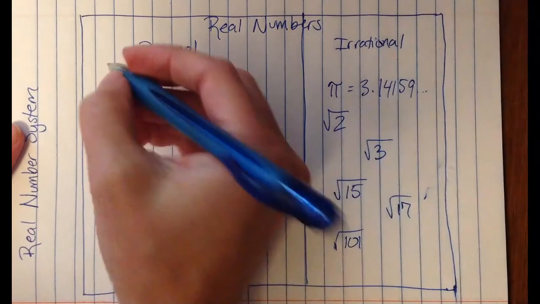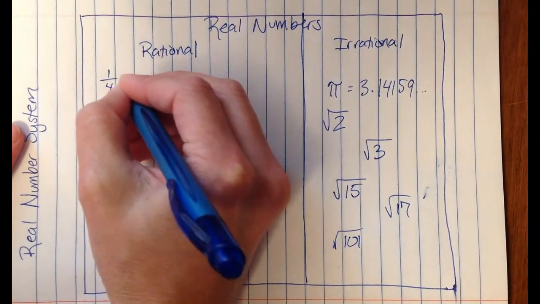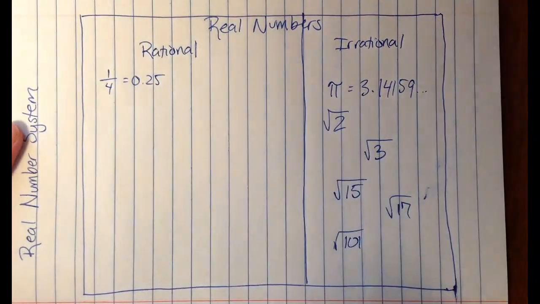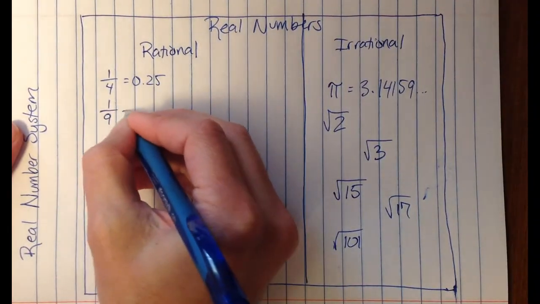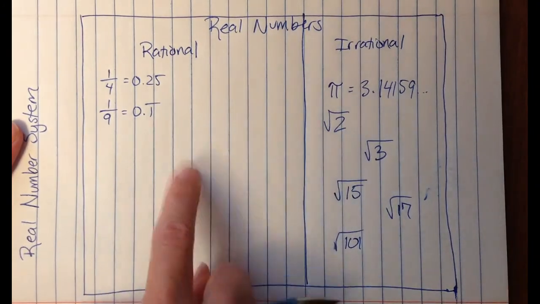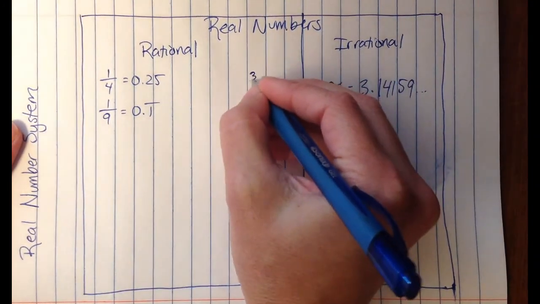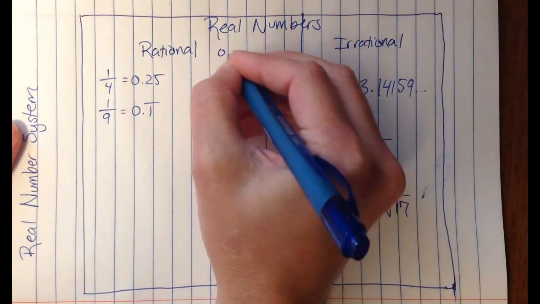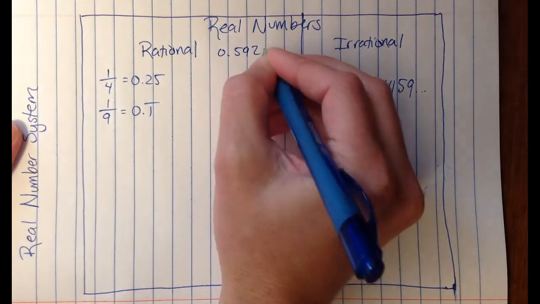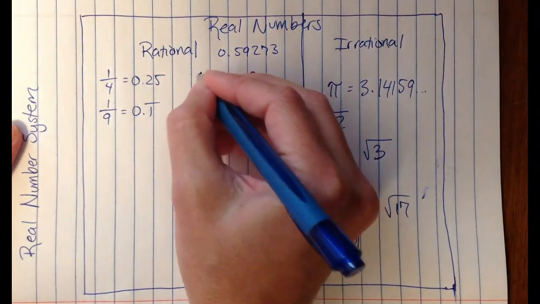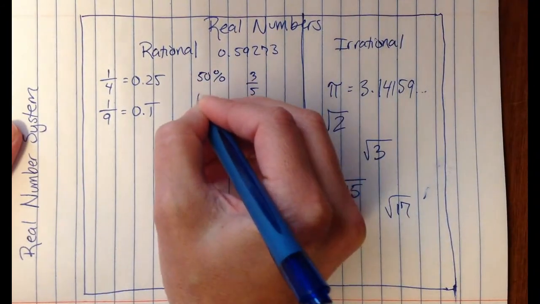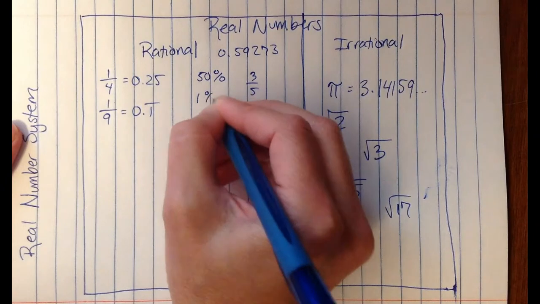Now remember, in the rational numbers, we have numbers like 1/4 or 0.25, any terminating decimal, any fraction like 1/9, that is a repeating decimal. Also numbers like 3/5 or 0.59273 that actually end, or percentages, remember, so 50% or 1%.